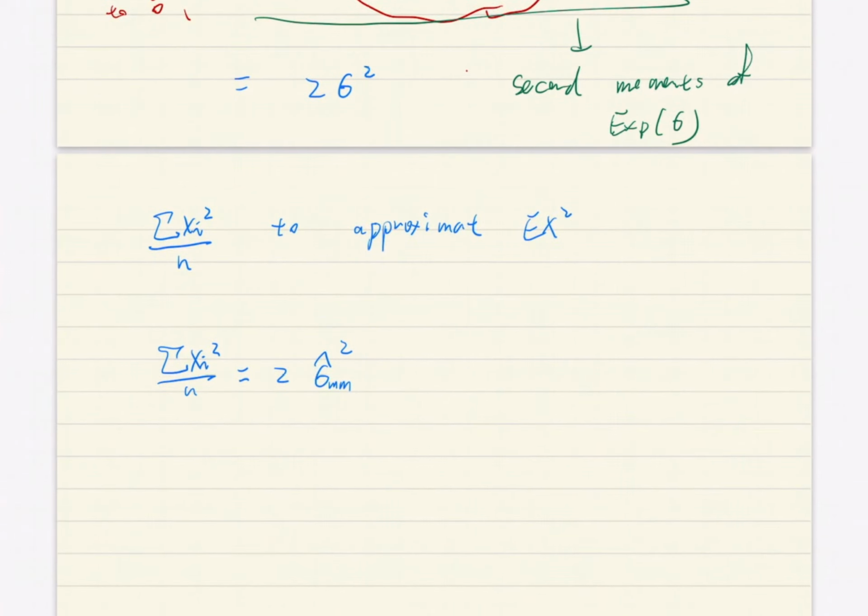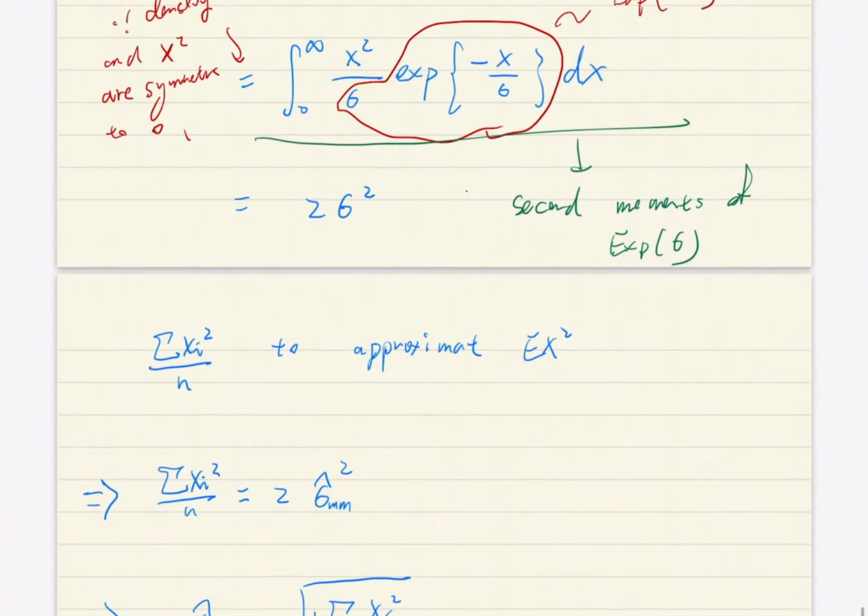Okay. Then we do some algebra. This is the square root of the summation of xi squared. Okay. So this is the estimator for the method of moments.